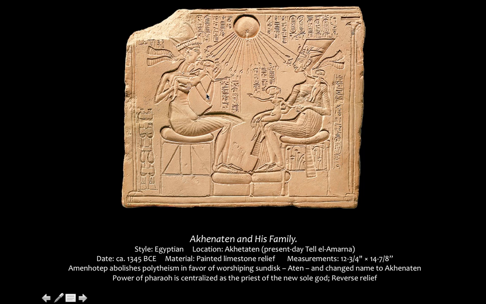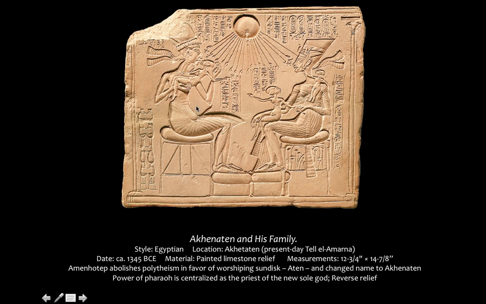And during the Amarna period, we begin to see the king depicted in more of a relaxed setting. So here we have Akhenaten and his family. This is his wife Nefertiti, and their 3 children, who look a little odd because of the headdresses that they're wearing, and they look just like little miniature people.